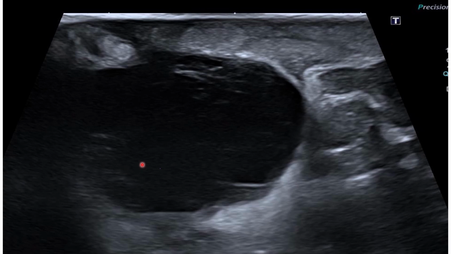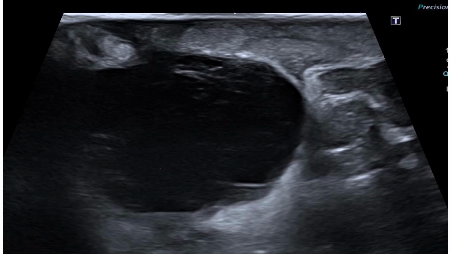Then these collections also need to be distinguished from inflammatory processes like an abscess collection. So how do we differentiate a hematoma from an abscess? Fundamentally, the history matters.